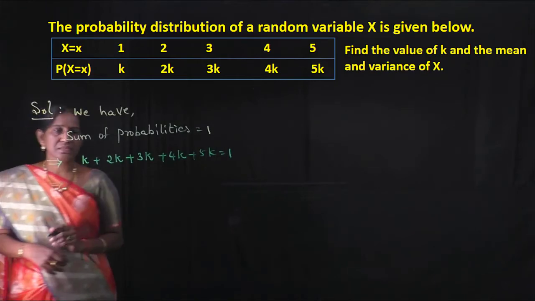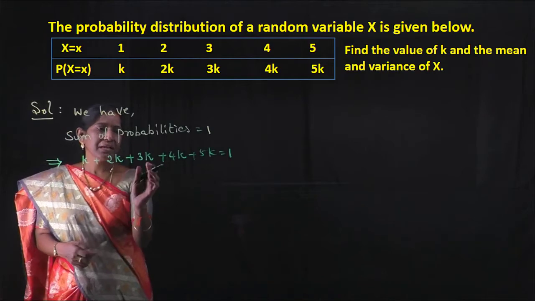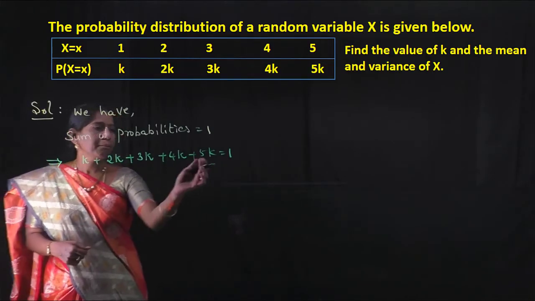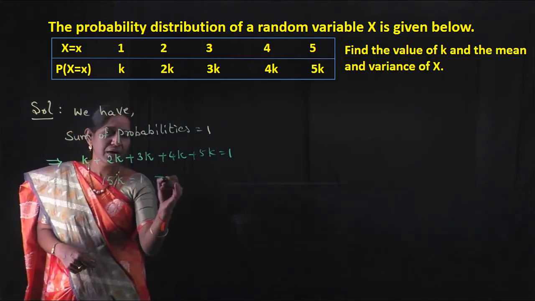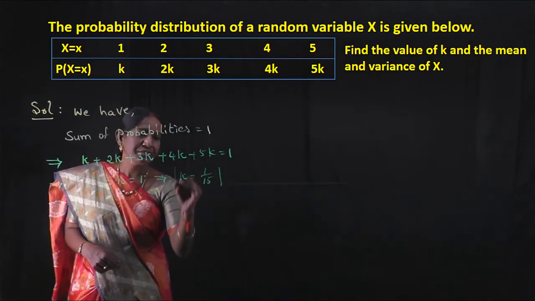That implies k plus 2k is 3k, plus 3k is 6k, plus 4k is 10k, plus 5k is 15k. 15k equal to 1. The value of k is 1 by 15.